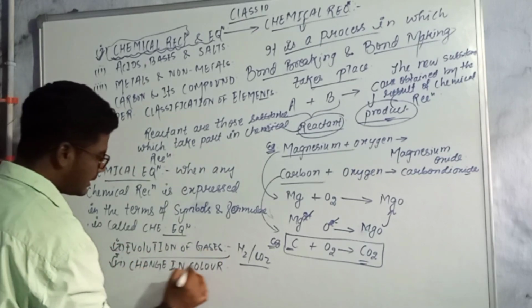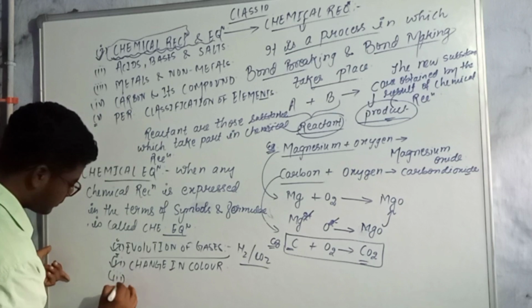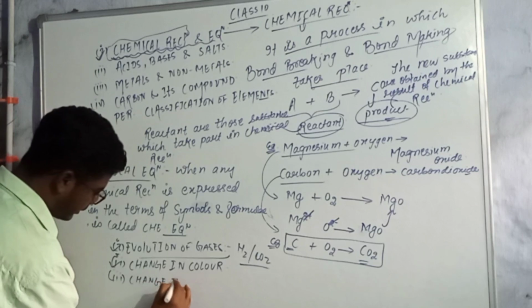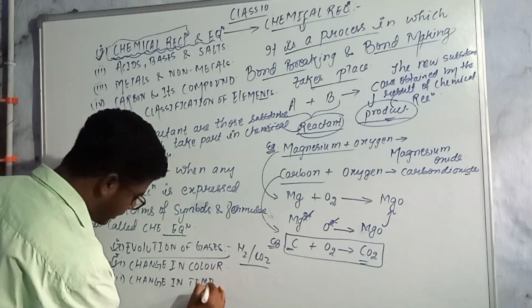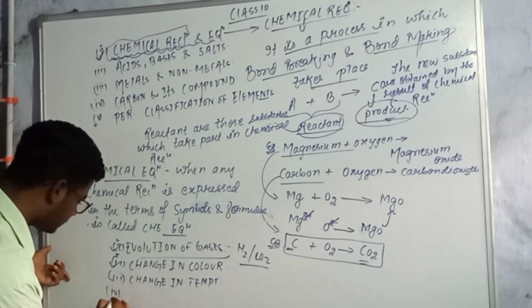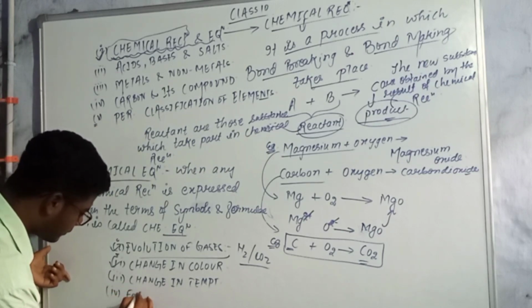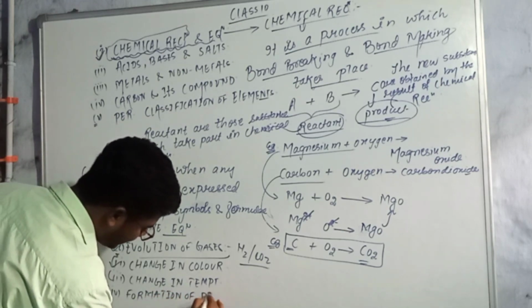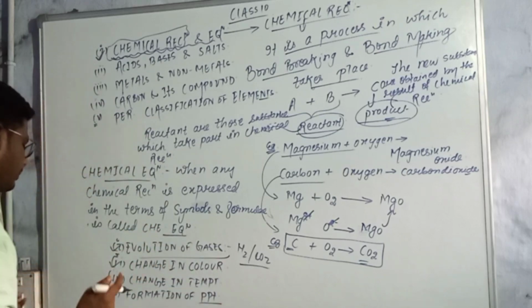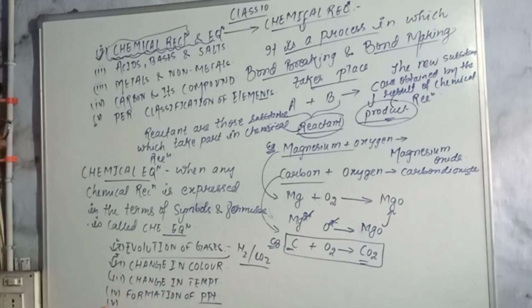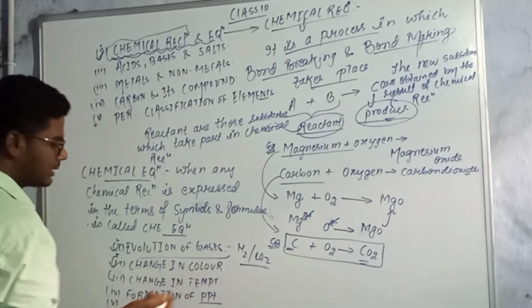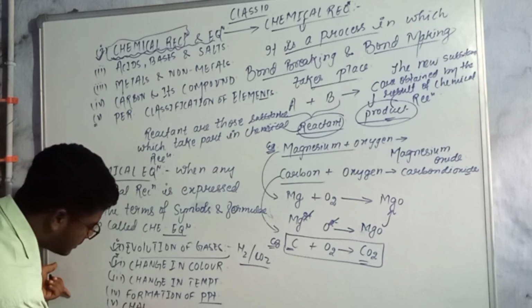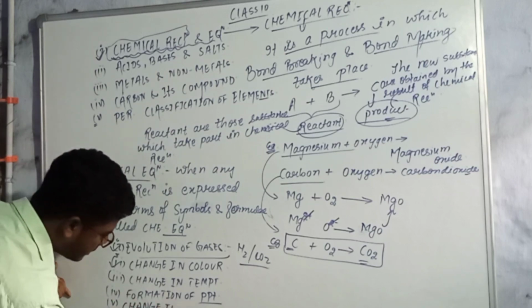The second one is change in color, the third is change in temperature, the fourth is formation of precipitate, which is simply written as PPT, and the fifth is change in state.